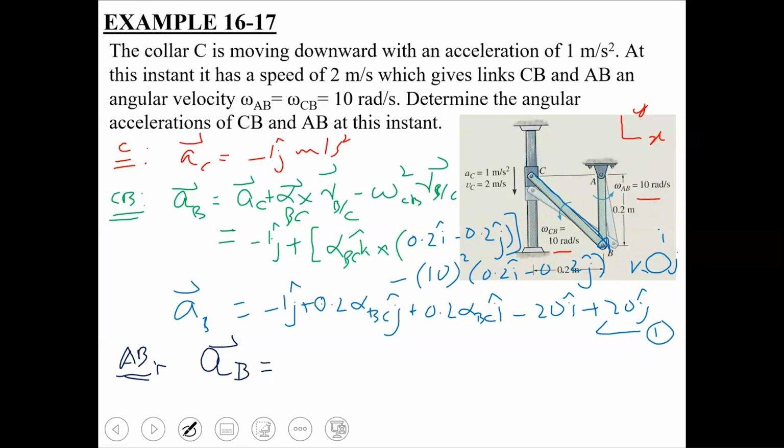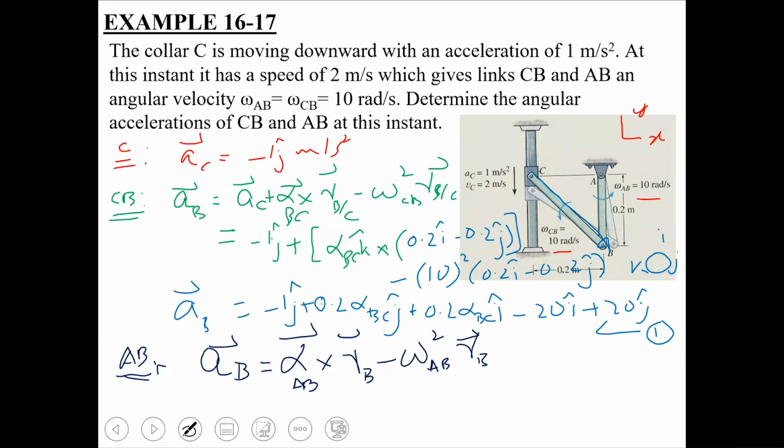Sir, alpha cross R minus omega square R. So it is alpha cross R minus omega square R, but here alpha is going to be alpha AB, R is going to be the absolute position vector R B, and omega is going to be the angular velocity of this link AB.